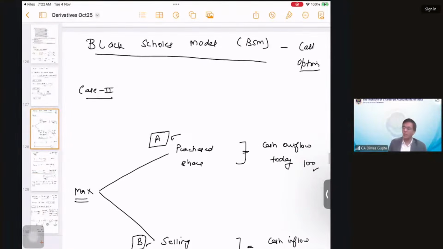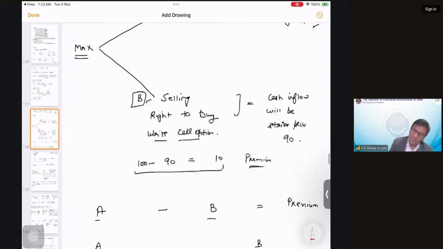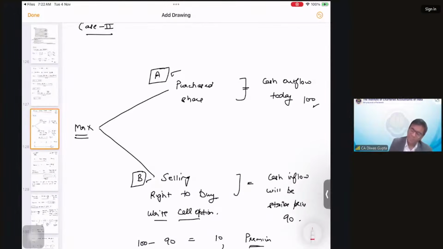Yes. Let's come to Black-Scholes model. So Black-Scholes model, students, we will be explaining using the case number 2, wherein we have short the call option, right? So in that case, what we did two things. One, we sold the right to buy, which is the selling of right to buy, and corresponding to that, we purchased a share also.